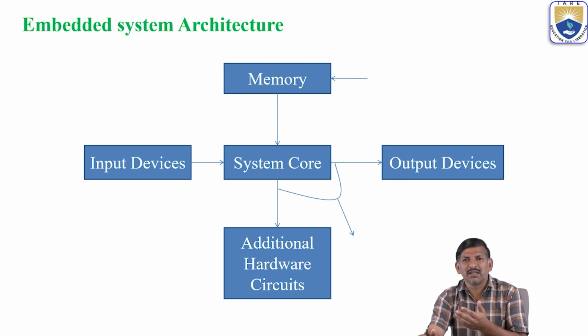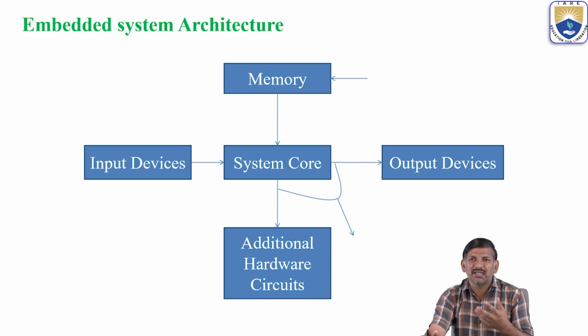Similarly, a real-time clock for providing the timing reference, interrupts for doing the desired job instantly, debuggers, or watchdog timers. Like that, we use different types of special or additional hardware circuits for doing corresponding operations.